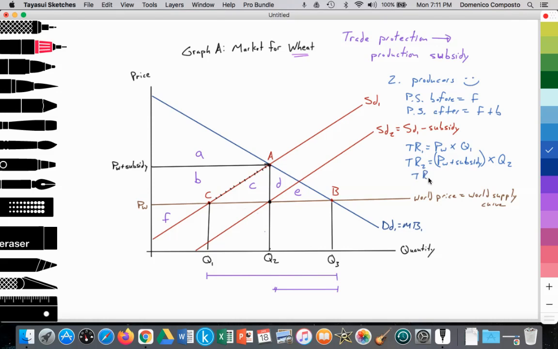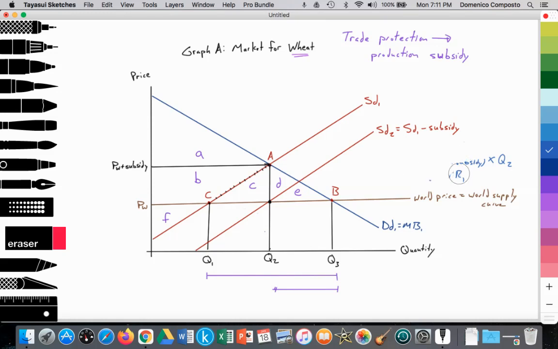So total revenue 2 is greater than total revenue 1, thus again demonstrating that producers are better off. Great. What about workers in the wheat industry working for producers? They are also better off.